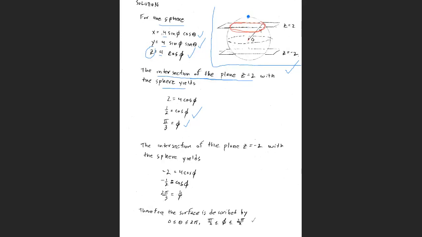Then the intersection of the plane z equals -2 with the sphere would yield cosine of phi equals -1/2, and so phi equals 2 pi over 3. Now, pi over 3 is 60 degrees. How many degrees is 2 pi over 3?